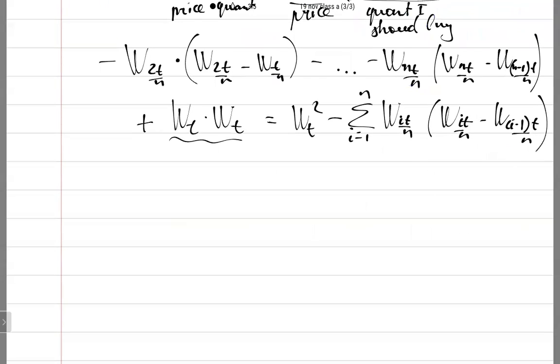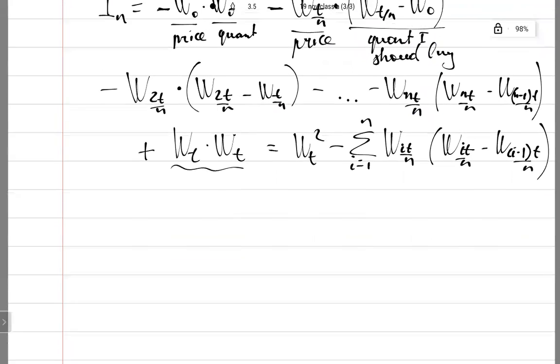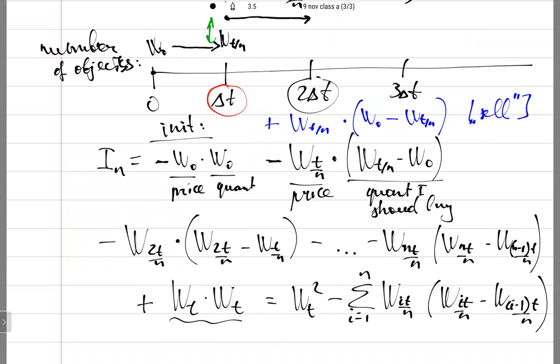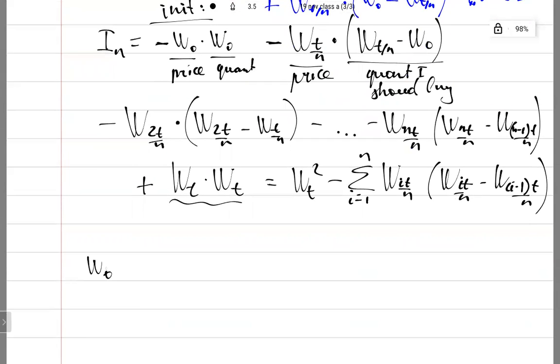Boris, could you please once again explain two things? Why do we add the last term W_T multiplied by W_T, and why don't we include W_0 multiplied by W_0 in the sum? Because the index i starts from 1. First of all, W is not an arbitrary price, it's a Wiener process, so we integrate with respect to a Wiener process.